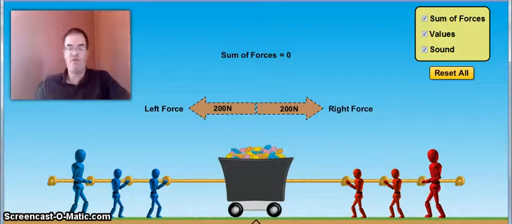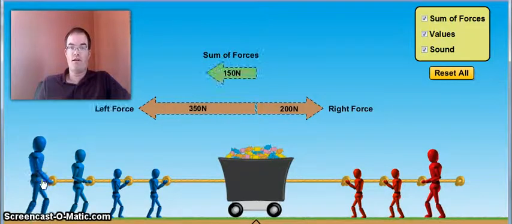Only if we have an advantage on one side over the other can we get the cart to move. And here I've added the big bopper. Now, the net force, as you can see by looking at the green arrow up above there, is 150 N. N stands for newtons, so it's a unit that we measure force in.